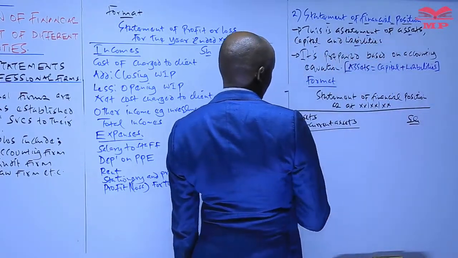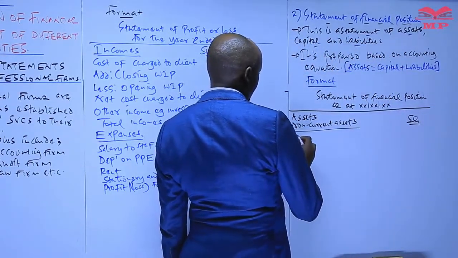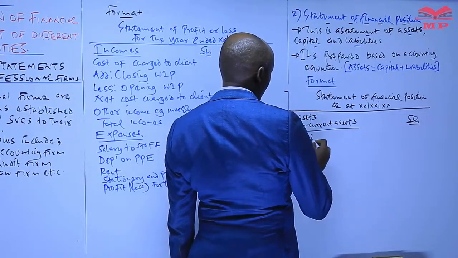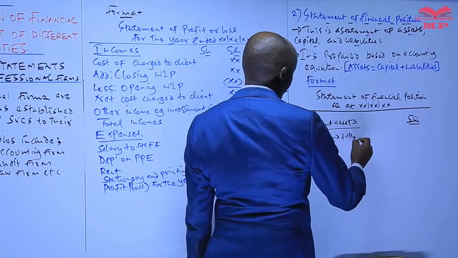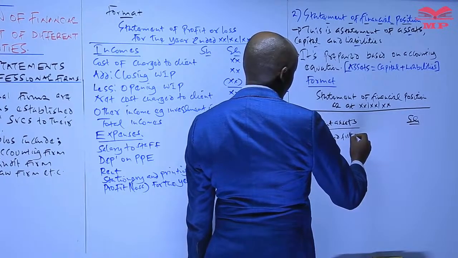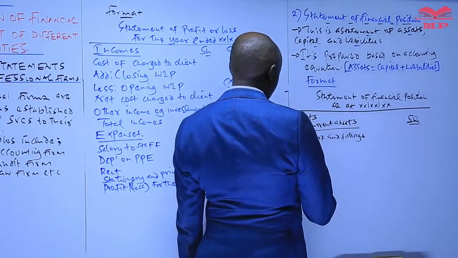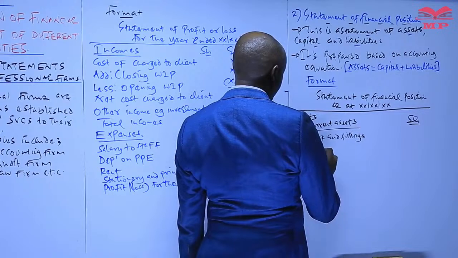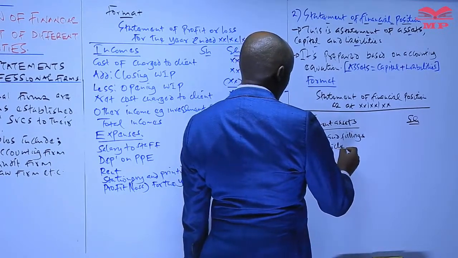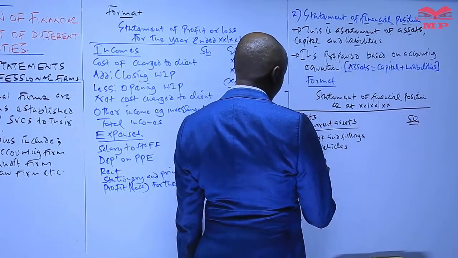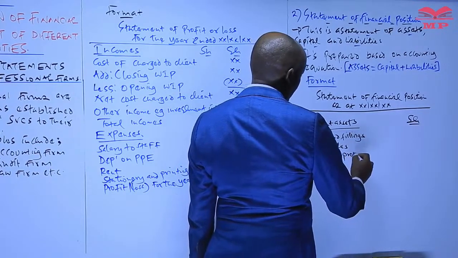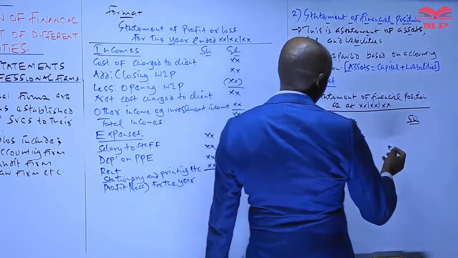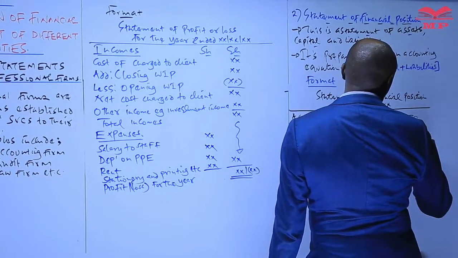Some of the non-current assets which may be owned by a professional firm include things like furniture and fittings, motor vehicles, maybe investment property, etc. You come and you record all those particular assets here.